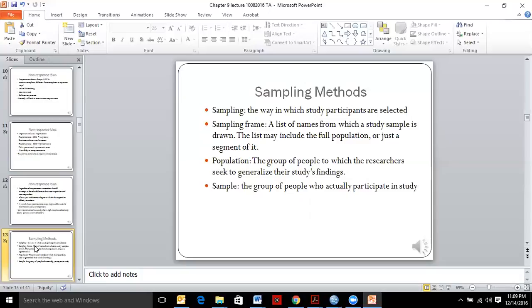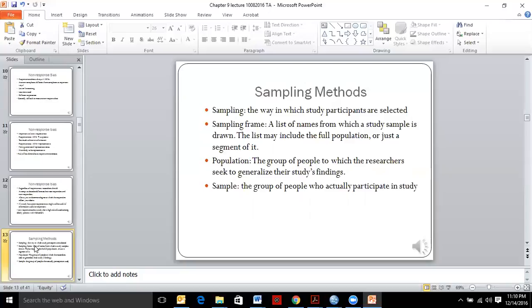Sampling frame is a list of names from which a study sample is drawn. The list may include the full population or just a segment of that population. When we say population, we mean the group of people to which the researchers seek to generalize their study's findings. And when we say a sample, that means a group of people who actually participated in the study.